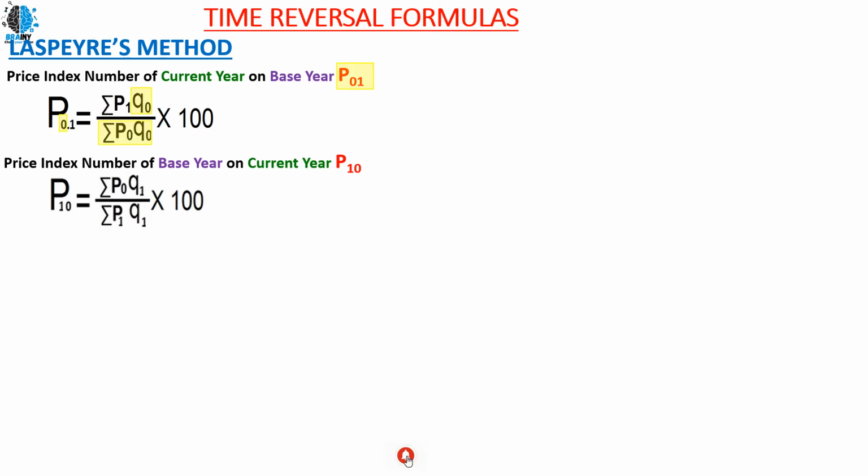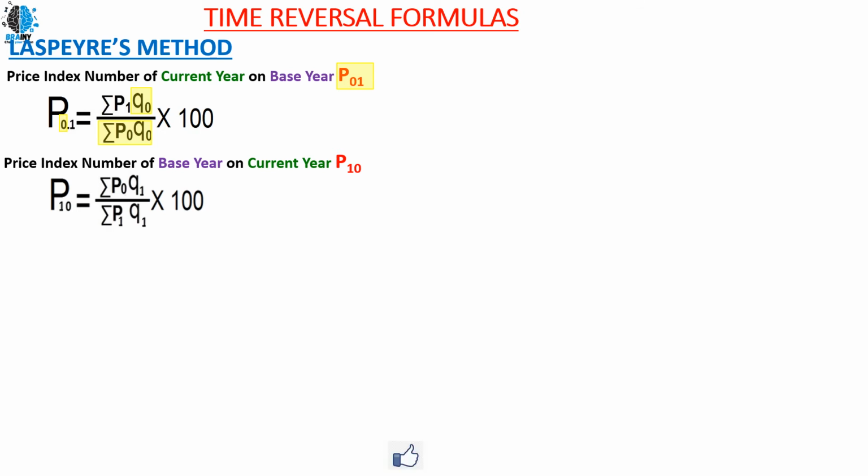In the first formula, P01, the base is 0 and the author has given the weight to the base, so you have Q0 in the numerator and in the denominator also you have 0.